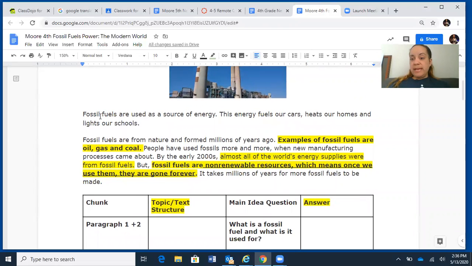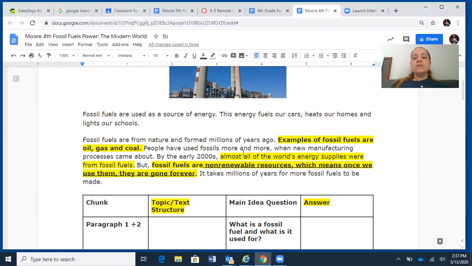Ready? Follow along with me as I read. Fossil fuels are used as a source of energy. This energy fuels our cars, heats our homes, and lights our schools. Fossil fuels are from nature and formed millions of years ago. Examples of fossil fuels are oil, gas, and coal. We talked about that.